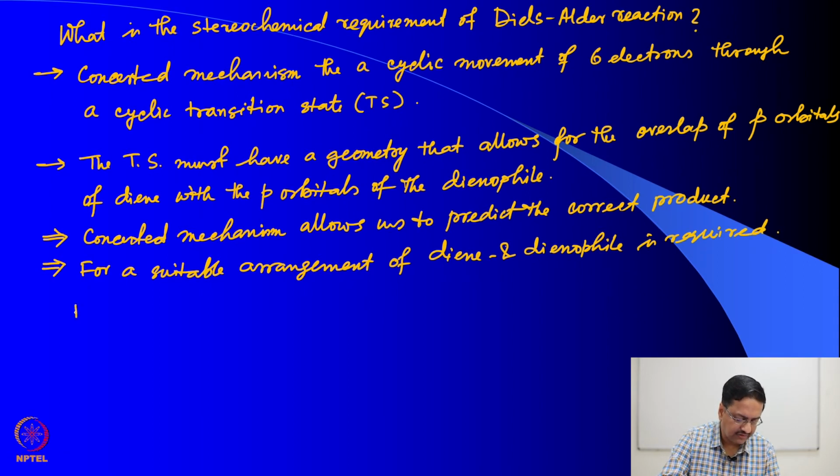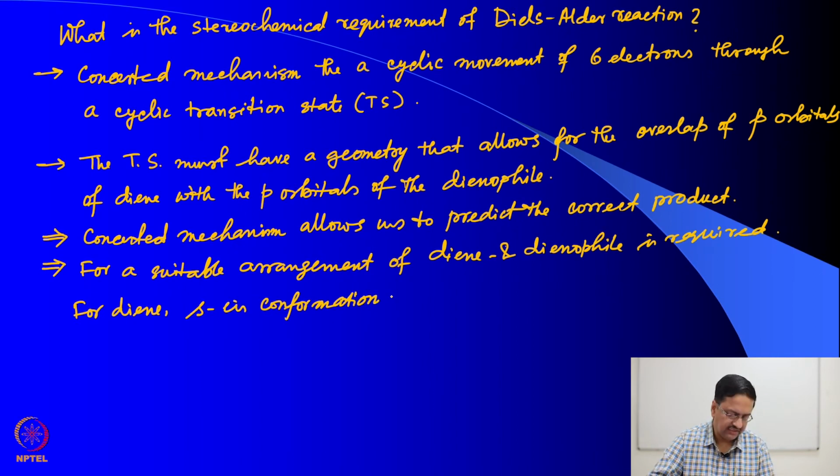So, for the diene we should have s-cis conformation, which essentially means that there can be a butadiene with s-trans conformation.